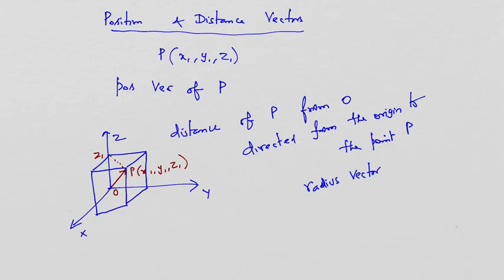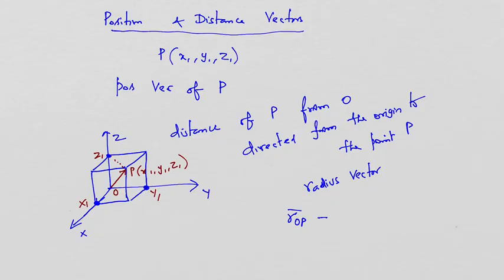This is z1, right? Similarly, this length is x1, this length is y1. In fact, more accurately speaking, this will be fixed over this axis to indicate the length and the height. So this is mentioned as the position vector or radius vector, R_OP.